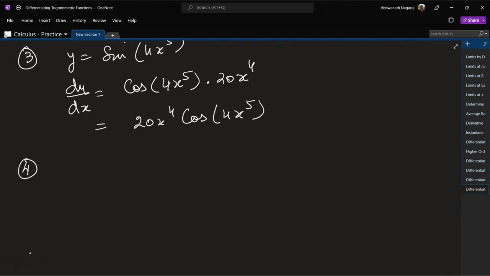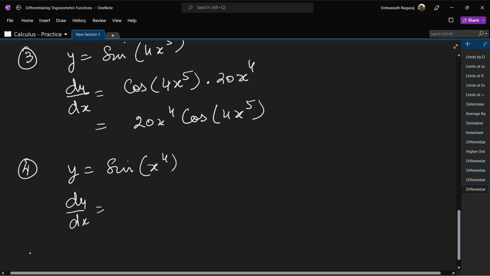Okay, fourth one, y is equal to sine of x to the power of 4. dy by dx is equal to cos of x to the power of 4 times 4x cubed, which gives us 4x cubed times cos of x to the power of 4.